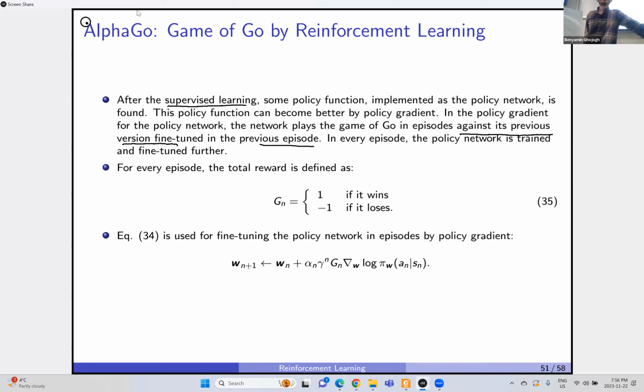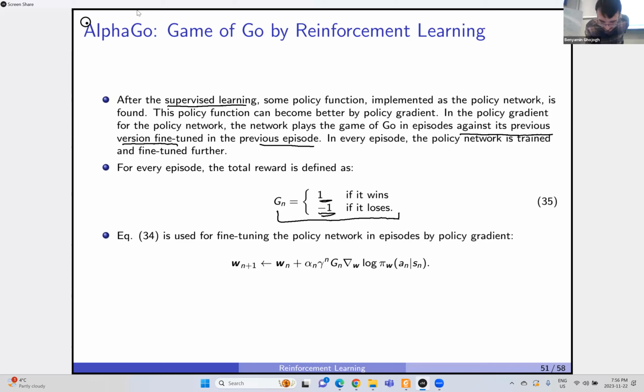Now for policy gradient, we need G_n, the total discounted reward. They simplified it. They said, if you win, G_n is 1. If you lose, G_n is -1. I guess for draw, they also put -1.